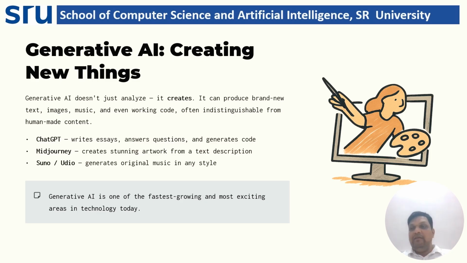We can say that generative AI can create text, images, music, and even code. For example, ChatGPT can write essays and tools like Midjourney generate artwork. AI is no longer just analyzing, it's creating.